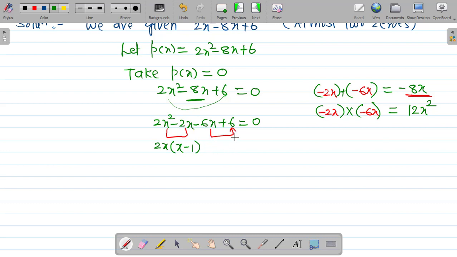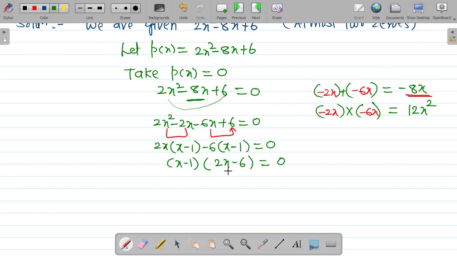And from the last 2 terms, we will take minus 6 common, and we are left with x minus 1, which is equal to 0. So now I have 2 terms separated by a minus symbol. If we take x minus 1 common, we are left with 2x minus 6, which is equal to 0.